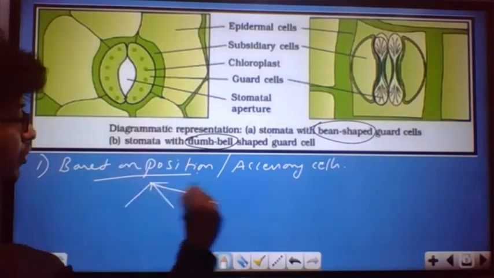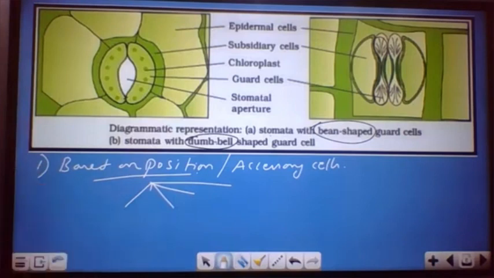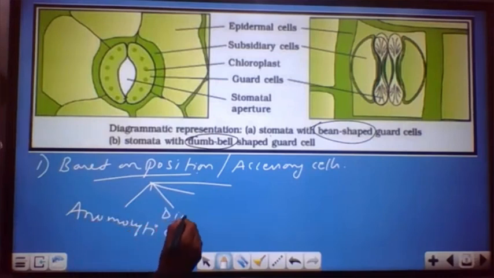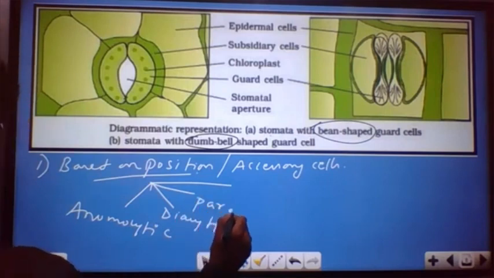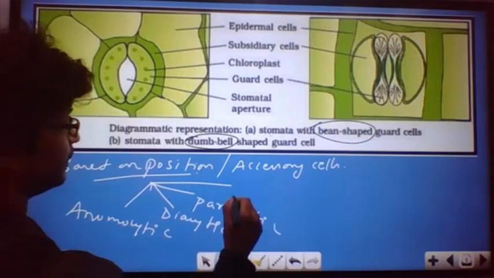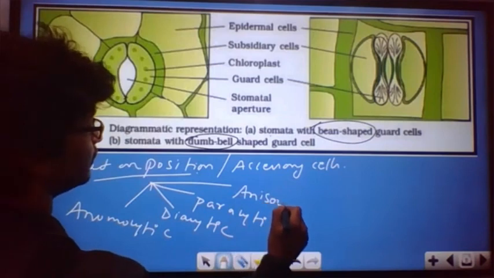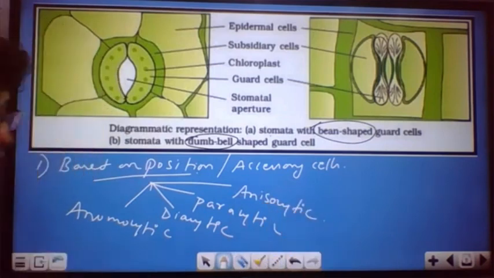What are the four types of stomata? The first one is anomocytic, diacytic, paracytic, and anisocytic. These are the four types.